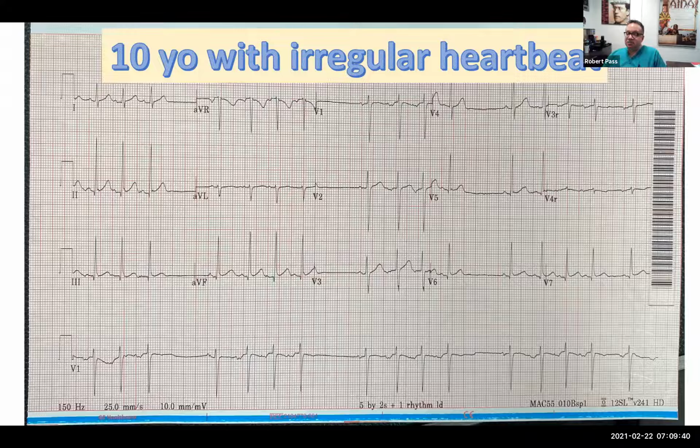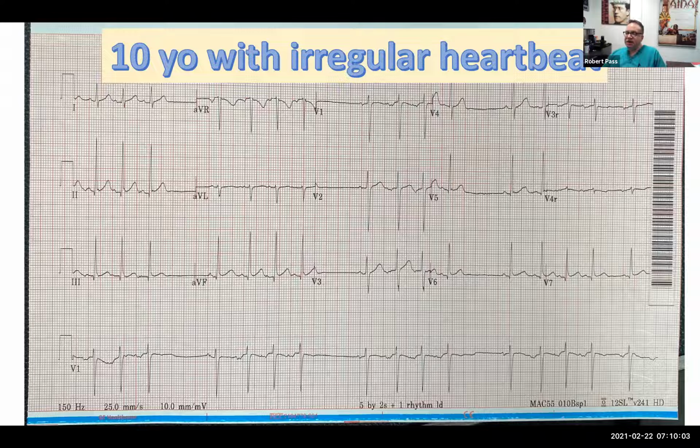And so you would typically see not only dysfunction, but dilation of the ventricles, possibly the atria. In this particular case, the patient had normal heart function with normal dimensions of the heart.